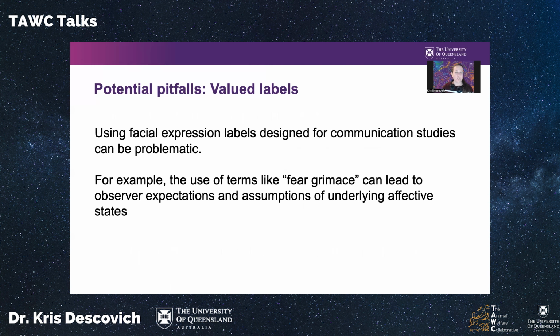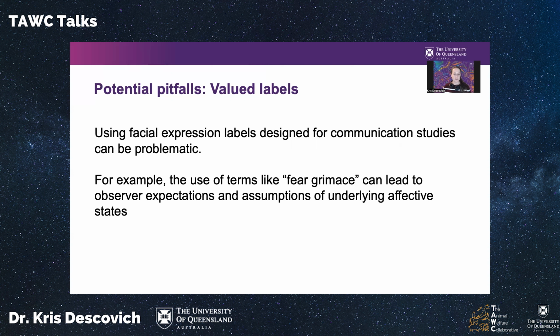Okay, think back to when I was talking about animal communication and combinations of muscle activation being given labels, particularly in communication studies, such as a fear grimace. Now, I would say that when we're looking at animal welfare, I would be cautious about using labels that have an underlying value to them.